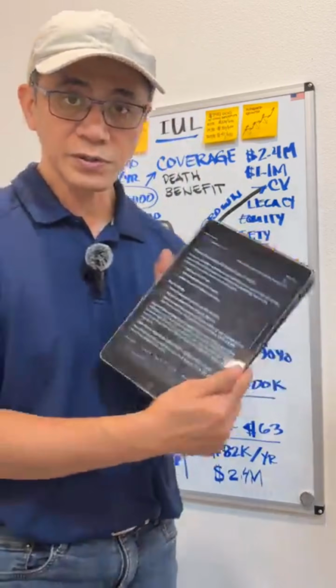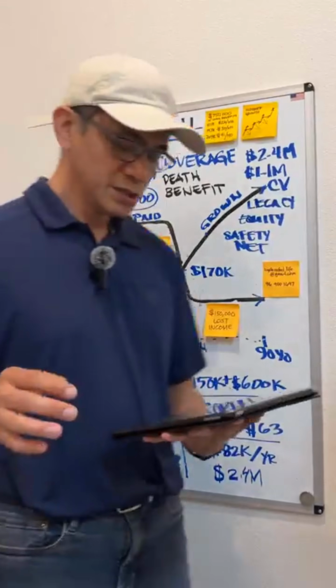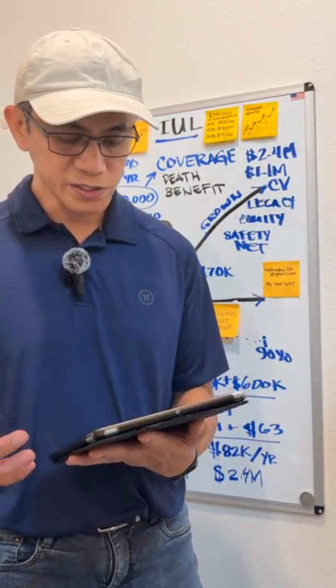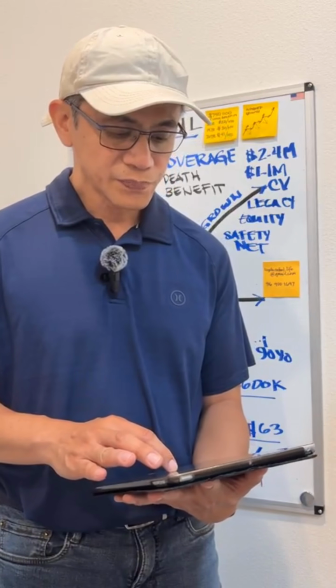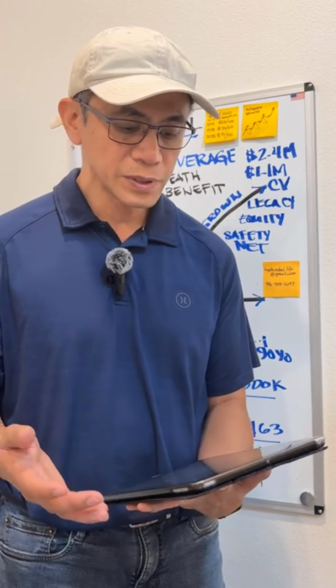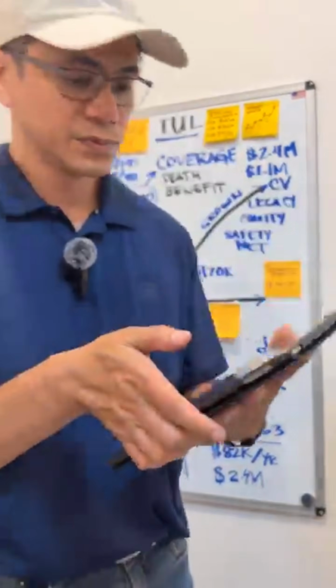What Gemini is showing here, based on the illustration and using historical S&P 500 returns, is that the policy survivability rate to age 100 is 100%, right?